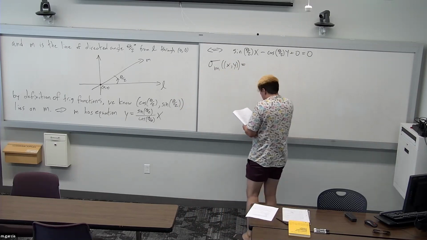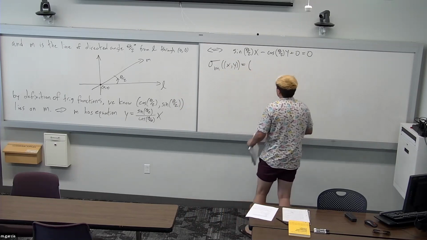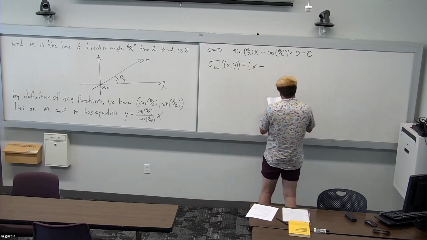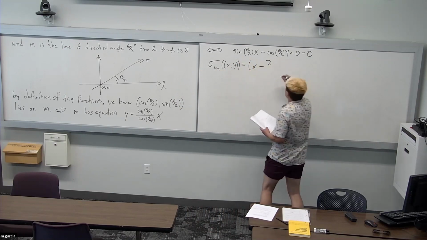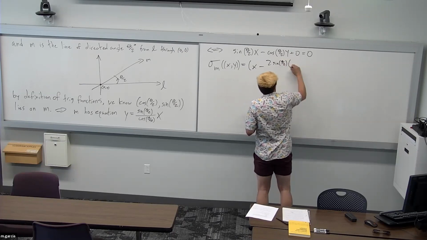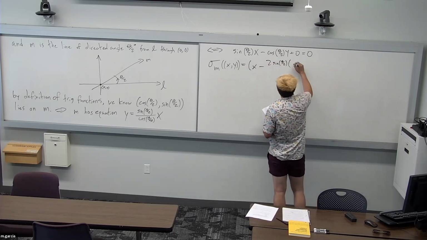Okay? All right, so what's the formula for a reflection? Well, for the first coordinate, we get x minus 2a, which is sine of theta over 2, times the whole equation of the line, right?